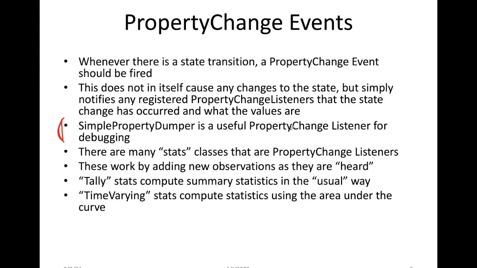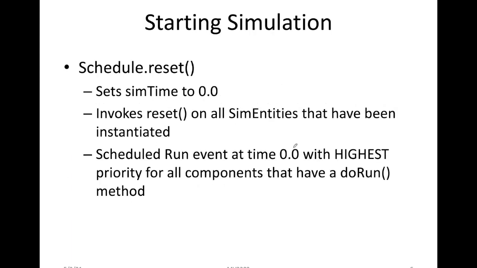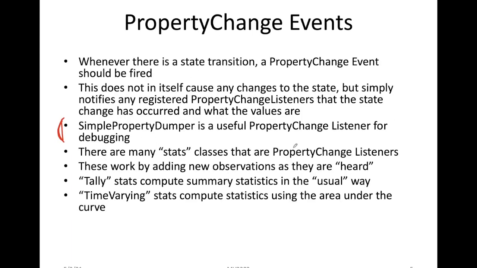That's sort of how these work, except that they respond to these property change events. So when a stat object hears a property change event, it unpacks it, looks at the new observation, and then updates its counters, basically the way that you were doing it back then.